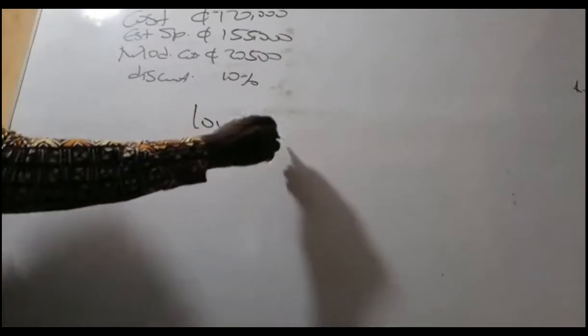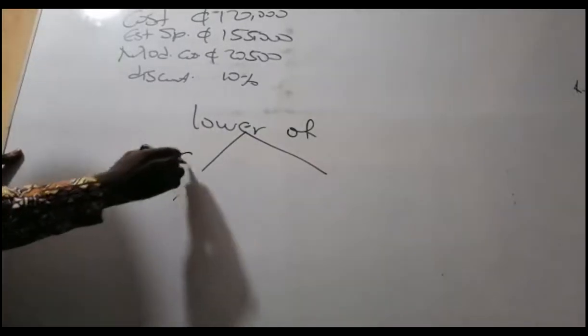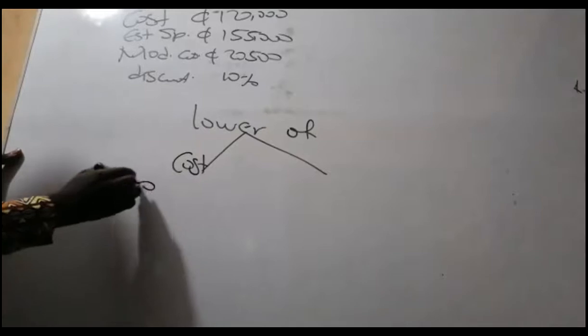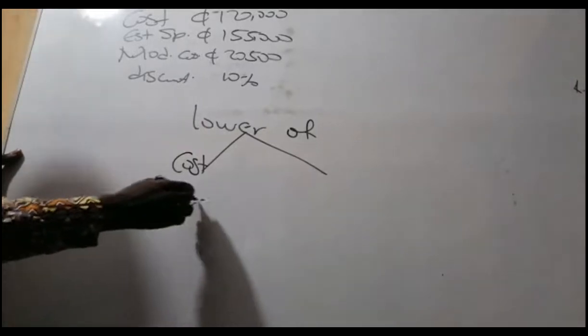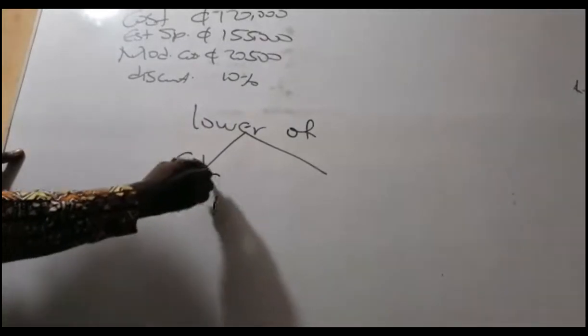Now, any other information is what we learn. They say the slow moving inventory must be measured at what? The lower of the cost. Yes, it has been given to us to be 120,000.